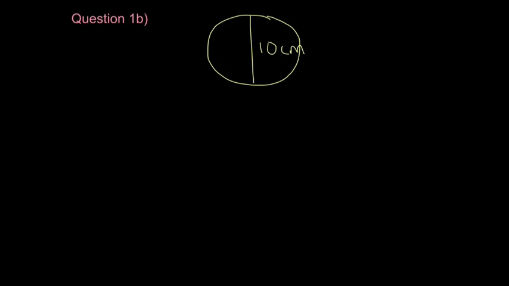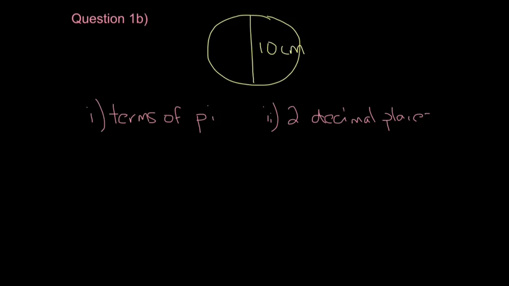Now, it wants you to find the answer in 2 ways. It wants you to find the answer in terms of pi, and it wants you to find the answer to 2 decimal places. So let's do that. What we're going to do is we're going to write out the formula for finding out the circumference of the circle, and the formula is circumference equals pi times diameter.